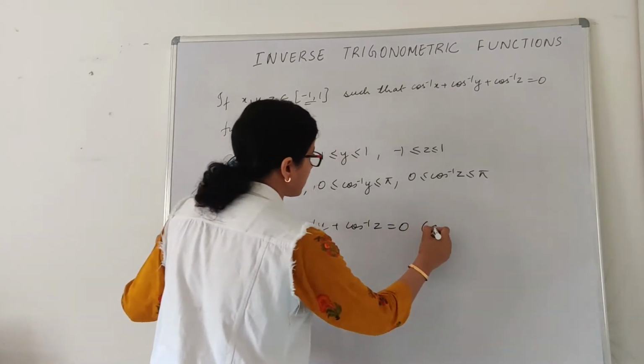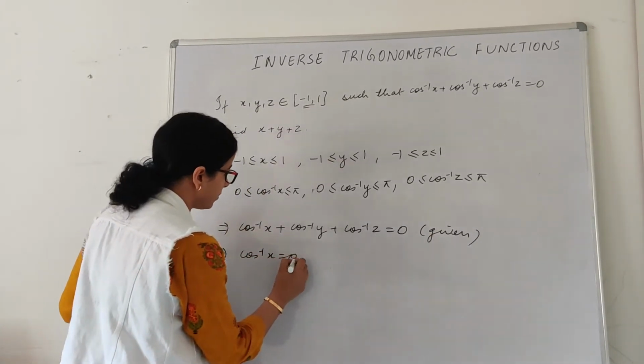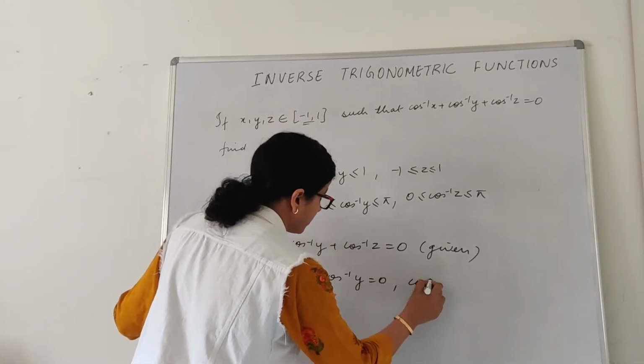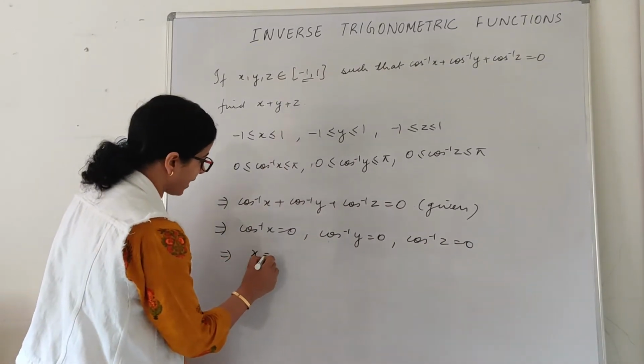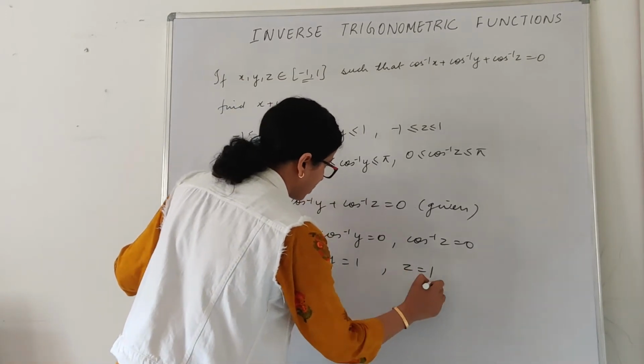So this implies cos inverse x is equal to 0, cos inverse y is equal to 0 and cos inverse z is equal to 0, which implies x is equal to 1, y is equal to 1 and z is equal to 1, right?